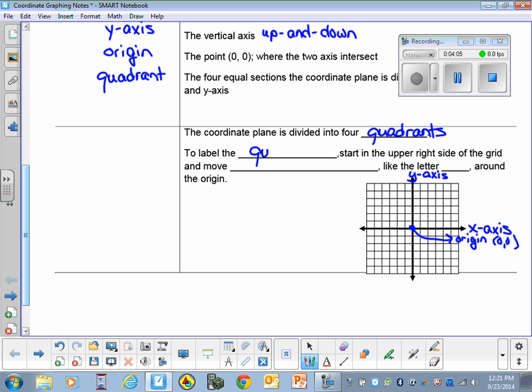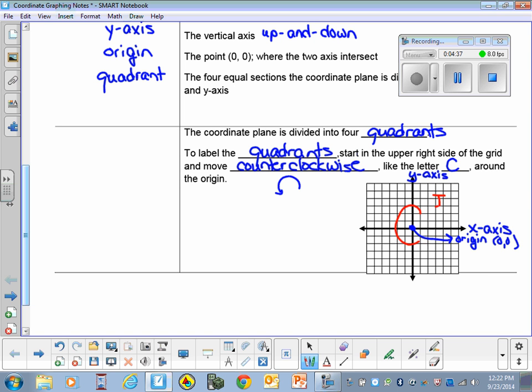To label these quadrants, we're going to start in the upper right-hand side of the grid and move counterclockwise. That means in the opposite direction of the clock. And we're going to go counterclockwise just like the capital letter C. So I sometimes find it easy to draw my capital C on there, and then I follow the C around as I label the quadrants.